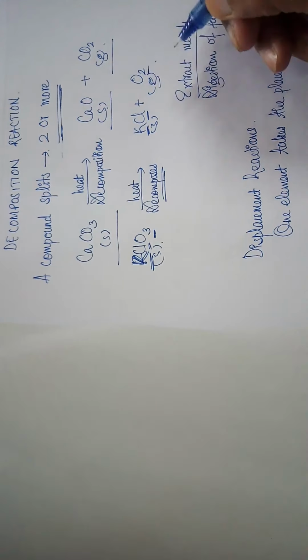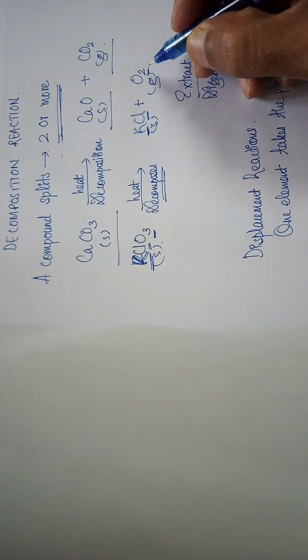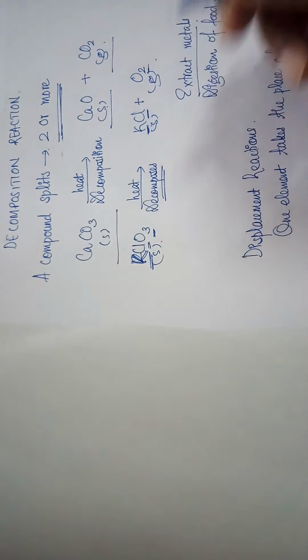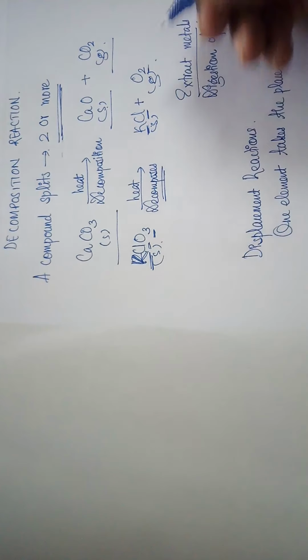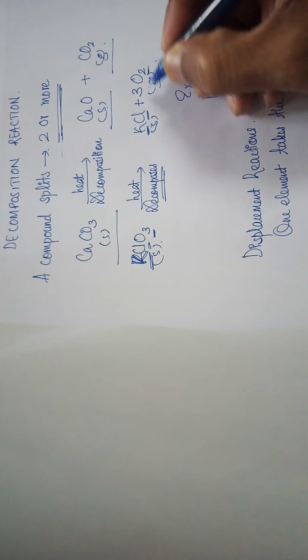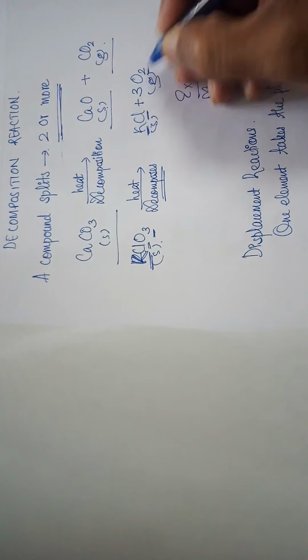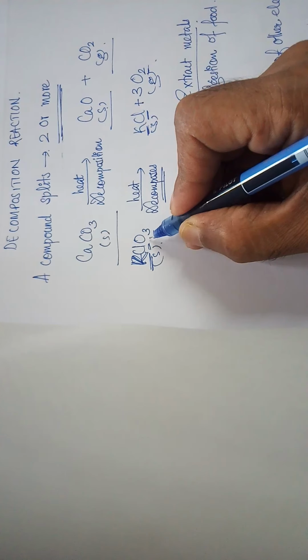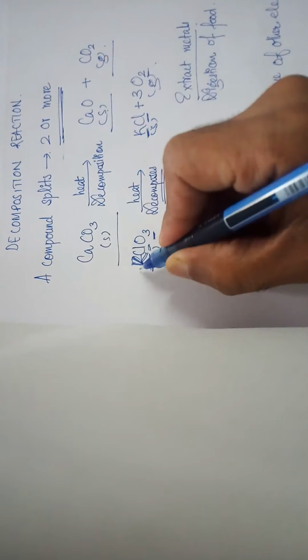So the requirement is to make oxygen equal. To make oxygen equal, we multiply by 3 here, so it will make 6, and here only 3, so you have to put 2 here; 2 3s are 6, so oxygen is clear.